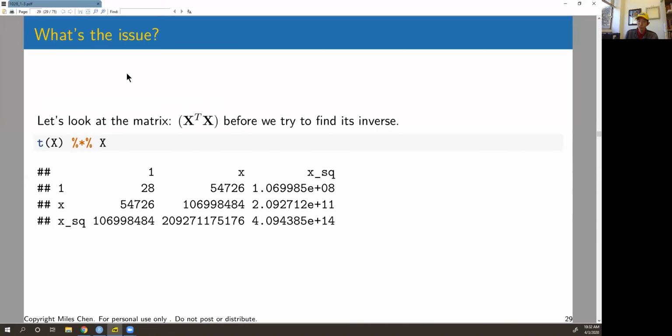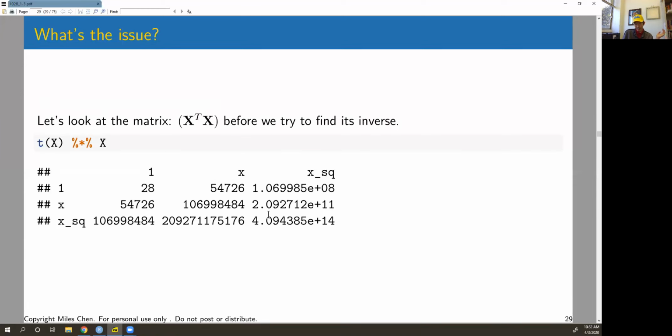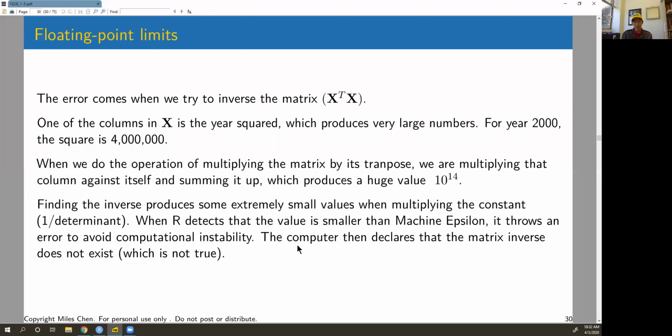The matrix does exist if we were using real numbers, but a computer can only represent numbers using 64 bits, and you have 52 bits for the mantissa. We're reaching the limits of the computer's ability here.